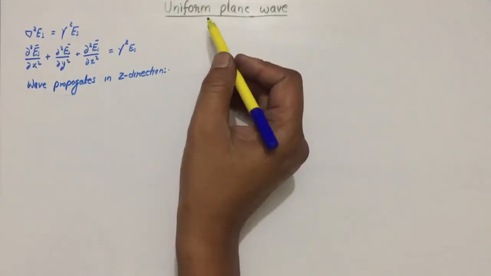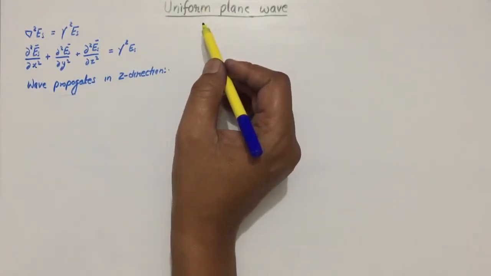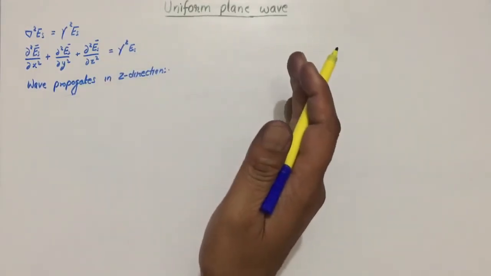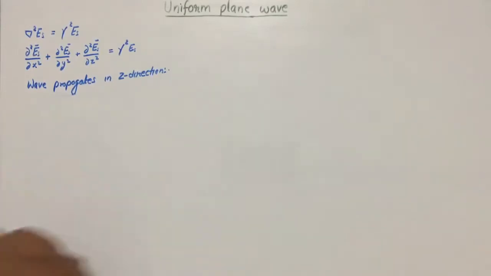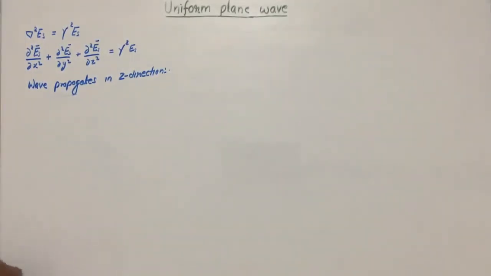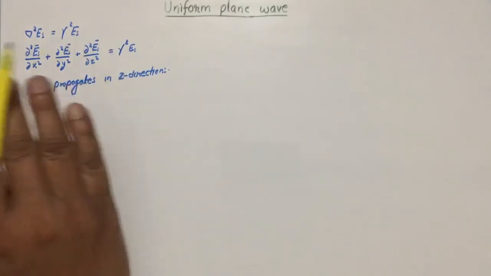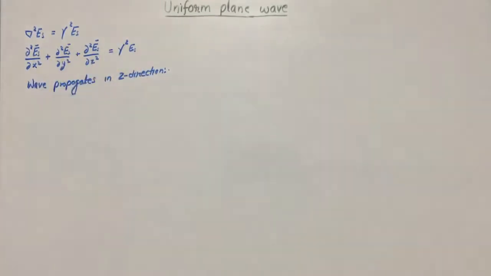It means the value of the wave remains constant throughout the plane perpendicular to the direction of propagation. If the wave is propagating in the z direction, then in the plane perpendicular to it, the value of the wave remains constant.